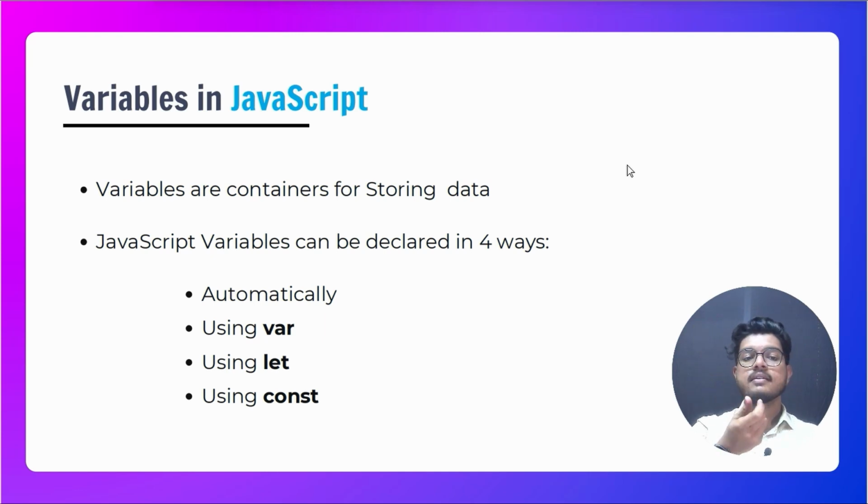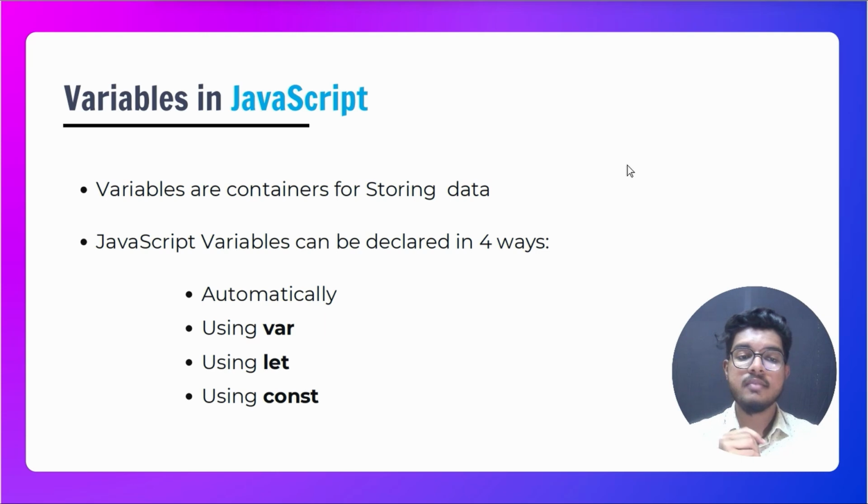Using variables. Variables are nothing but, as we have discussed, a equal to 5, b equal to 10. All of these are variables. A is a variable, b is a variable, and answer is also a variable. It is storing some kind of data, that is 5, 10, a plus b, integers, numbers, strings, anything. A container which stores data is nothing but a variable.